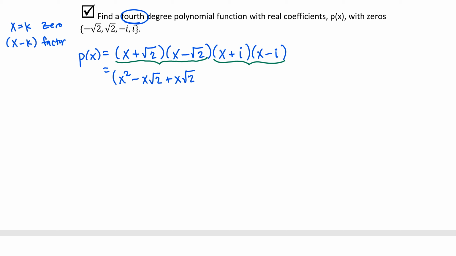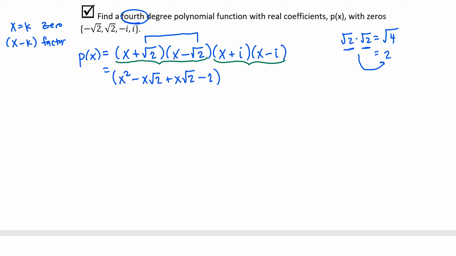And the product of our last terms, let's do this little by little. Positive times negative is negative, and then square root of 2 times the square root of 2 is the square root of 4, which simplifies to give us 2. Notice when you multiply a square root by itself, the square root cancels and you get the radicand. Just an easy way to think about that. Okay, so that takes care of the FOIL of our first pair.